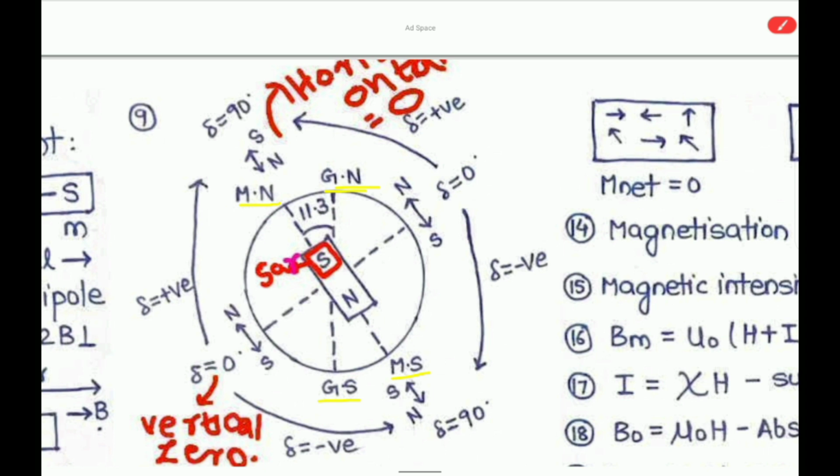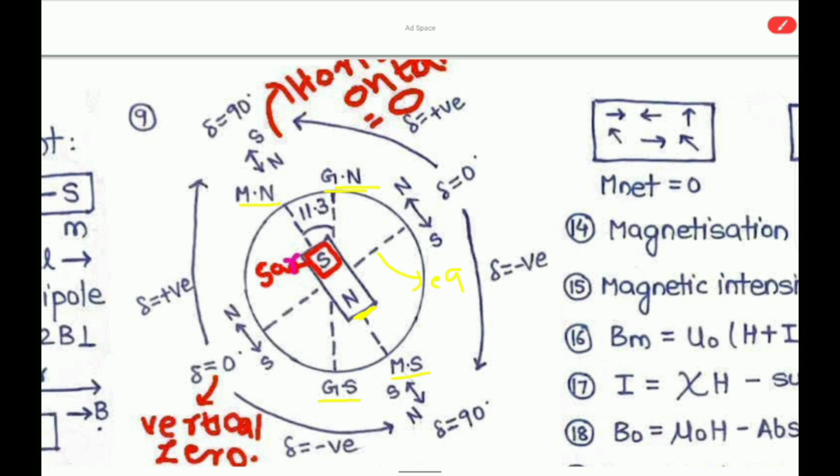Remember that at the equatorial position, angle of dip is 0, and at pole angle of dip is 90 degree.